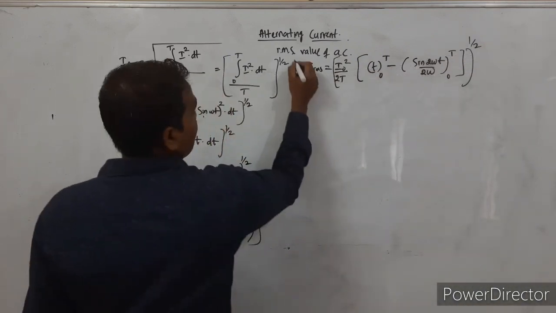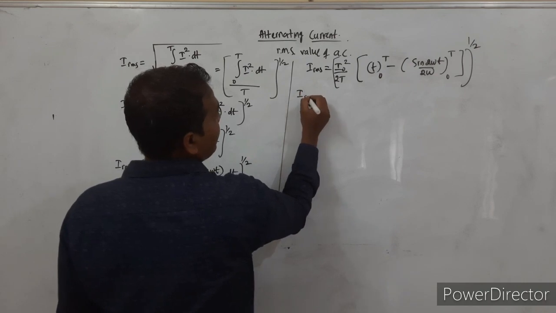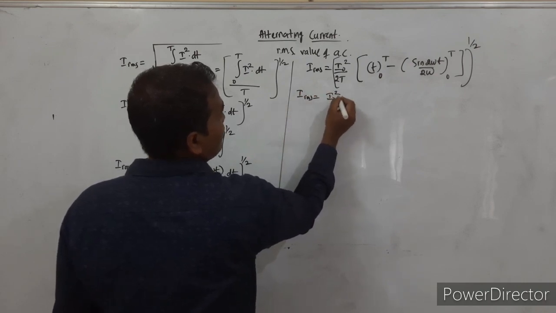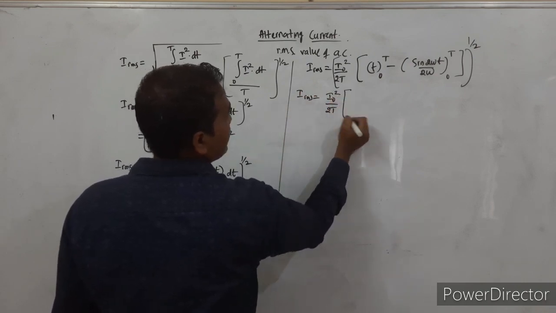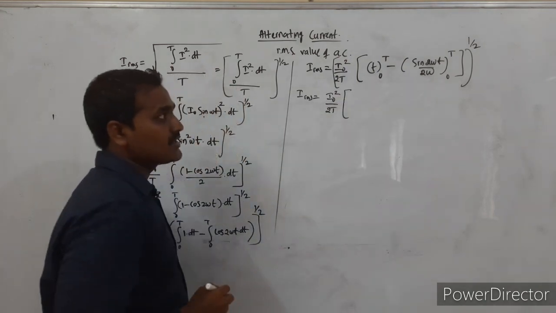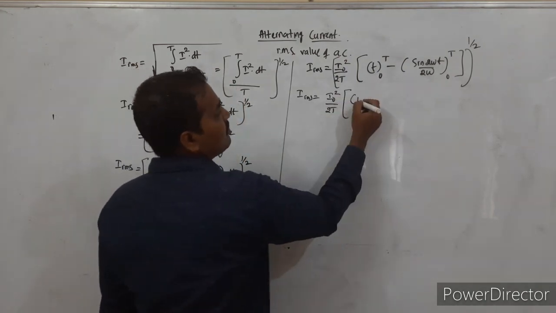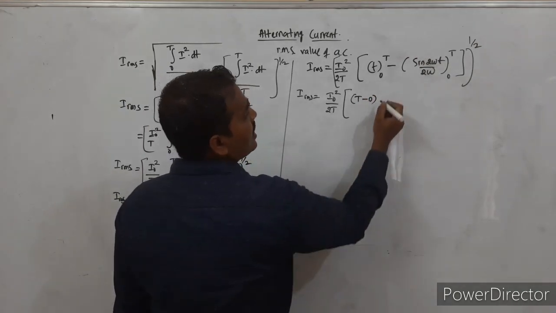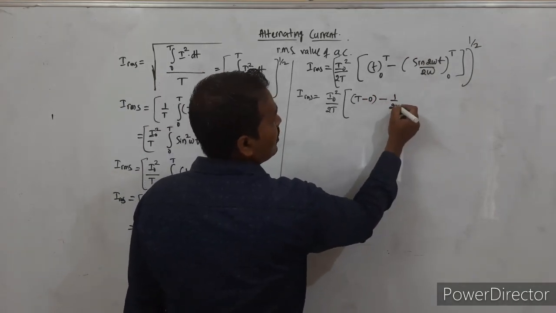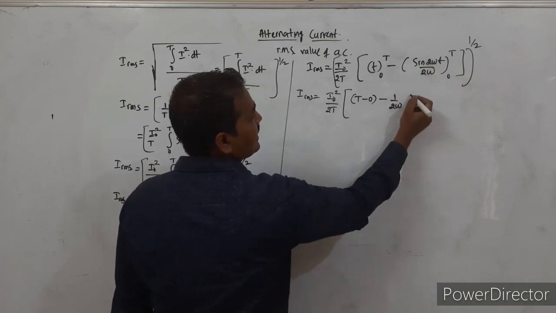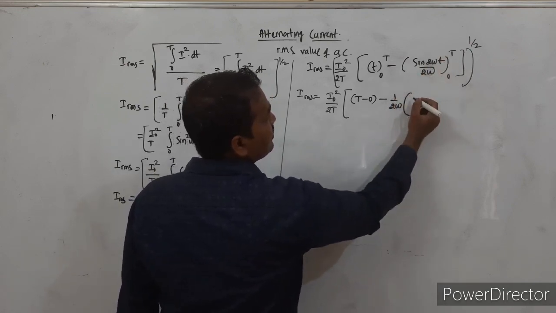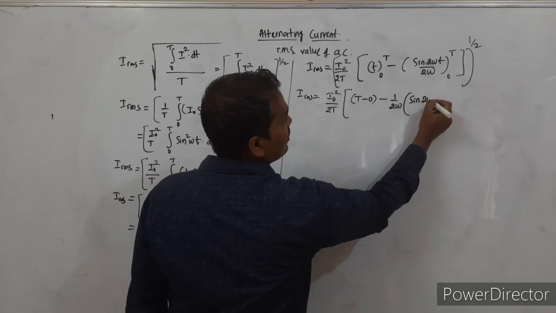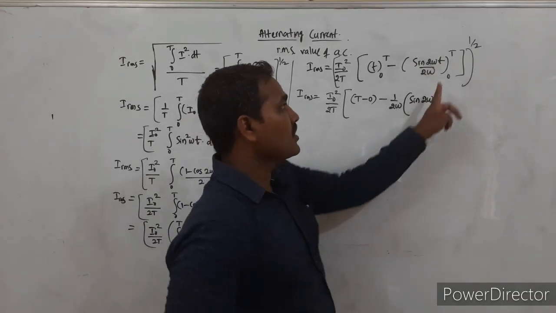Yes, and let us simplify this. I can write I RMS is equal to I naught square divided by 2 times T. Let me apply the limits for these terms. First I will take the upper limit capital T minus lower limit 0, minus 1 divided by 2 omega, I take it outside, then I will apply the limit of sin of 2 omega t, where the variable is small t.